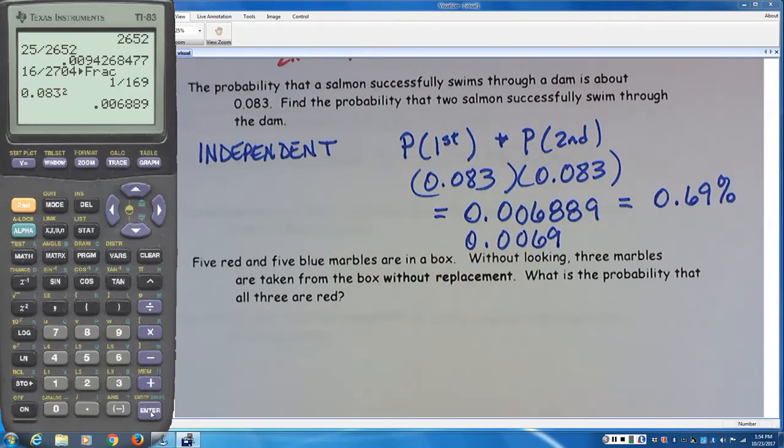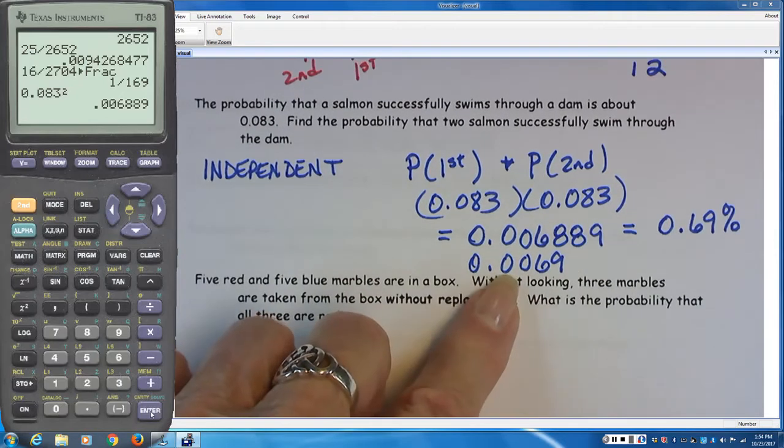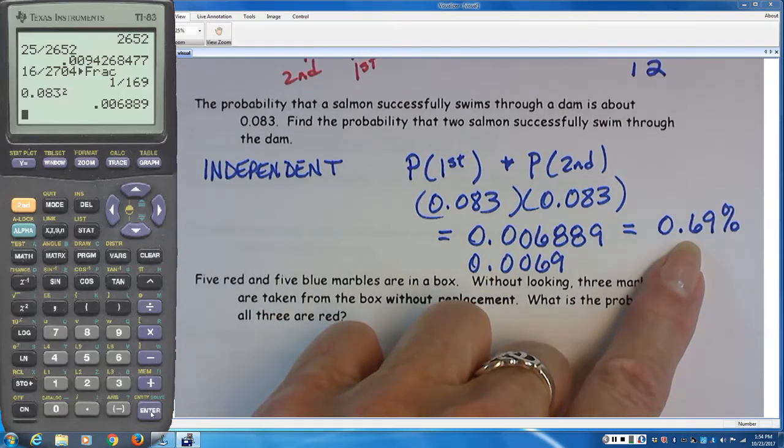I actually rounded that to 4 decimal places because sometimes they'll have you round probabilities to 4 decimal places. So be sure you're rounding correctly. If it was 3, it'd be 0.007, and it would be 0.7%.